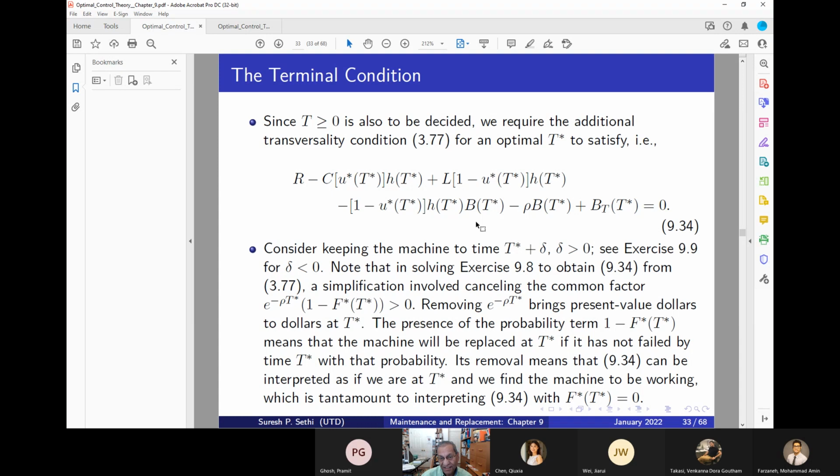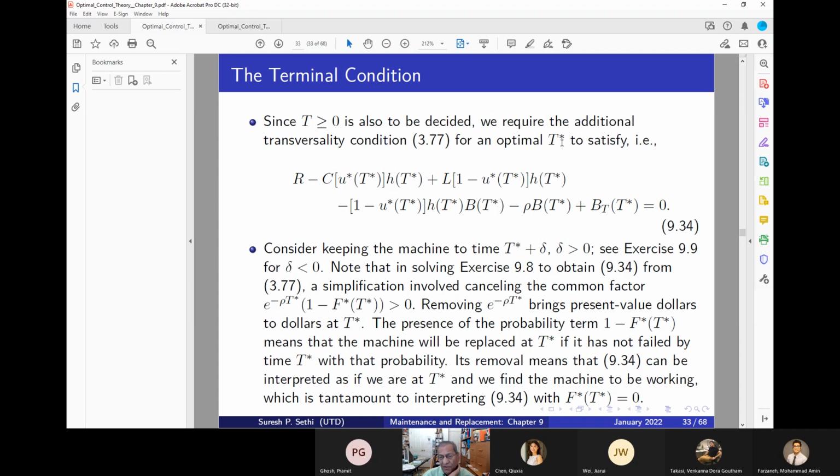So let's now give this interpretation. Let me see how we are doing in terms of time. We're still okay. So let's assume now that this T star satisfies this. So the T star is our optimal solution. How do we want to interpret this condition?